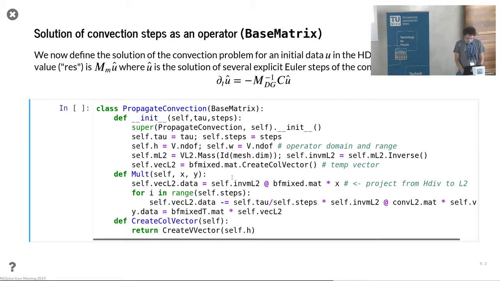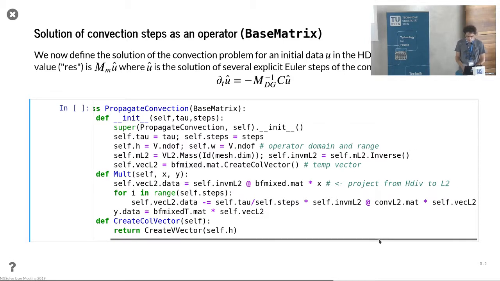By now applying the mass inverse of this space, we essentially have the representation of this H-div vector as a vector L2 function. So this is the result here. And on this we just apply the simple explicit order scheme in a similar manner to what we saw before. So we have the convection application, the inverse mass matrix, some sub-time steps, and so on. And then, once we have the solution after several time steps in the L2 space, we project back into the H-div or product space, which happens here with the BF mixed transpose.